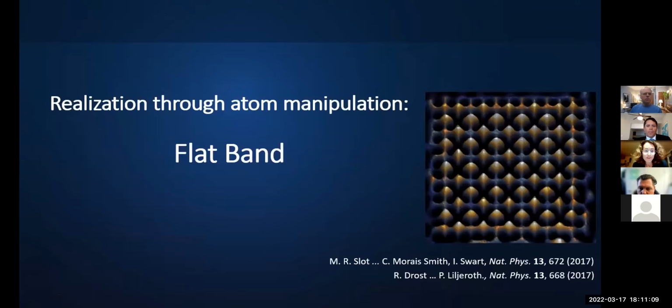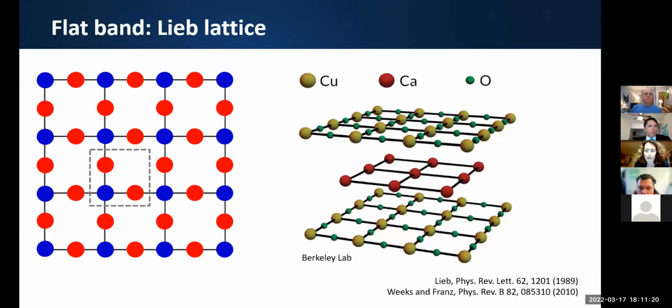Now we come to my work, where we want to manipulate also artificial atoms in shapes that don't exist in nature. One of those shapes is a Lieb lattice. Really interesting because cuprates, one of the most important types of high temperature superconductors, have planes that consist of these square-like lattices called Lieb lattice.